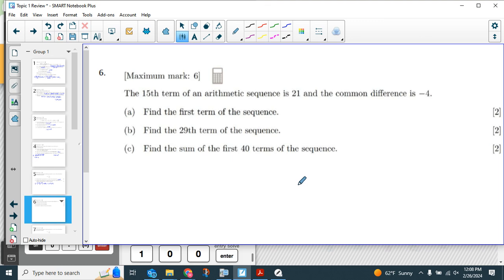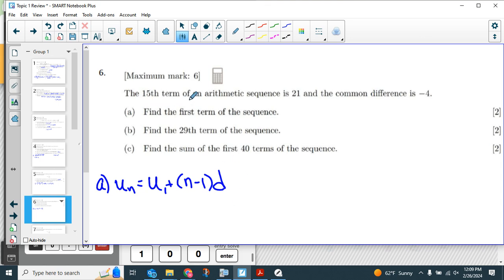Number 6. All right, the 15th term of an arithmetic sequence is 21, and the common difference is -4. Find the first term of the sequence. Okay, so we have our formula for the nth term, u sub n, equal to u sub 1 plus n minus 1 times d.